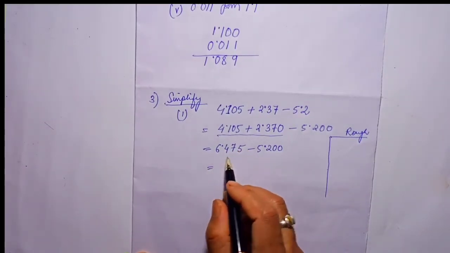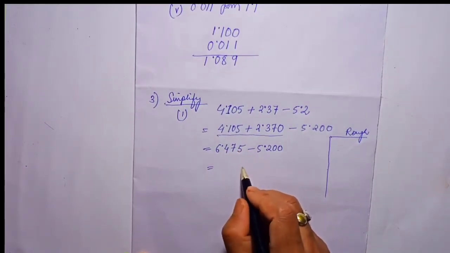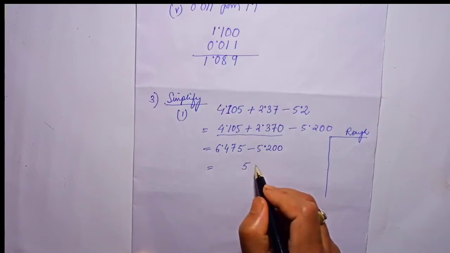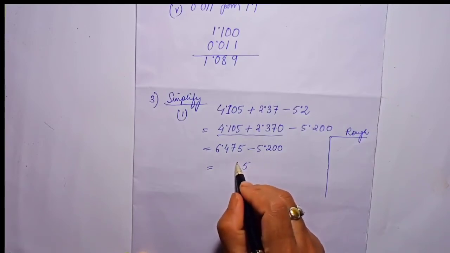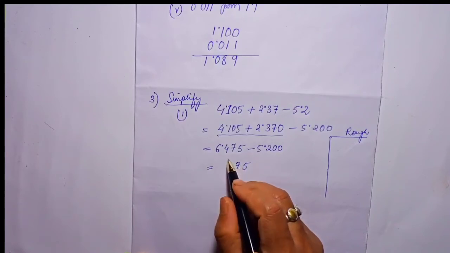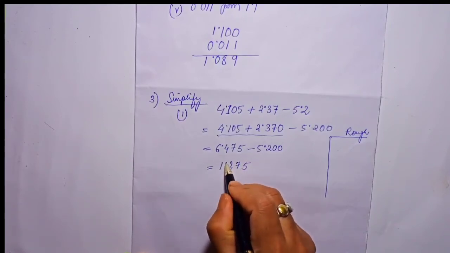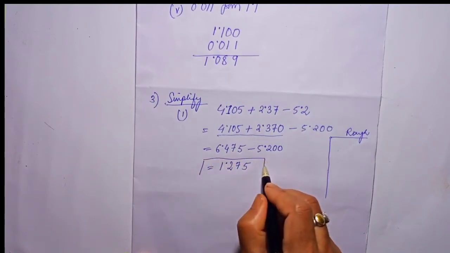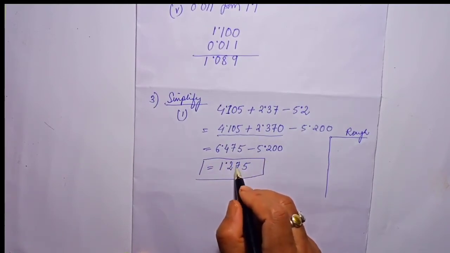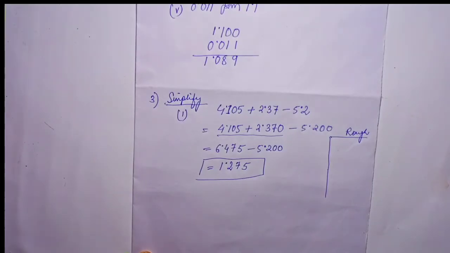Now if you subtract this, you will get, it is 5 coming down, 7 is coming down, 4 minus 2, it is 2, and it is 1. See, what is our answer? Our answer is 1.275.